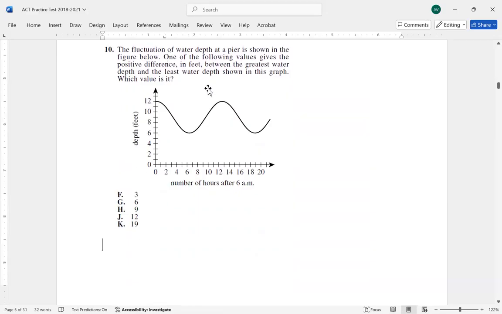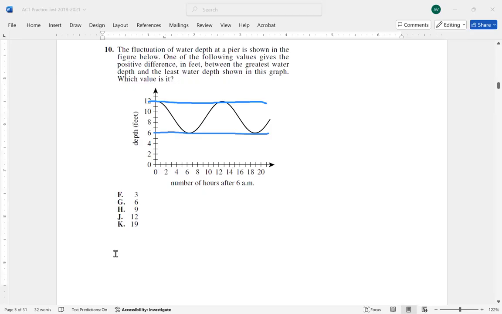Question 10. The fluctuation of water depth at the pier is shown in the figure below. Which of the following values gives the positive difference in feet between the greatest water depth and the least water depth shown in the graph? So the greatest water depth, it looks like, is 12. The lowest water depth, it looks like, is 6.